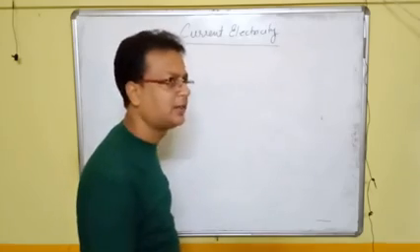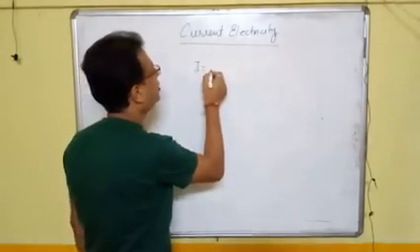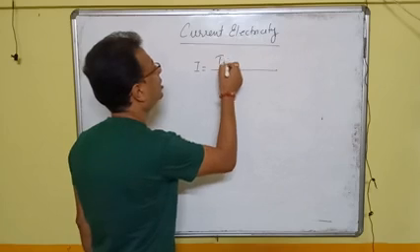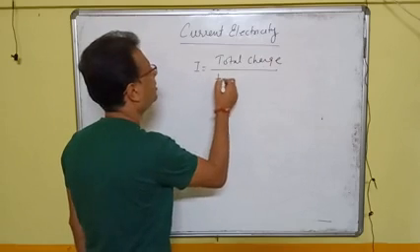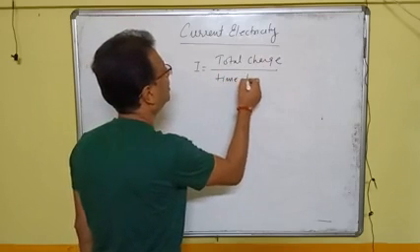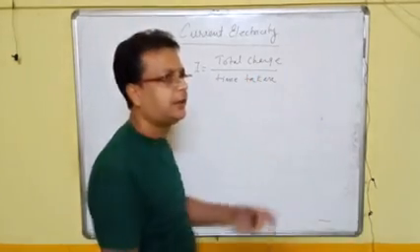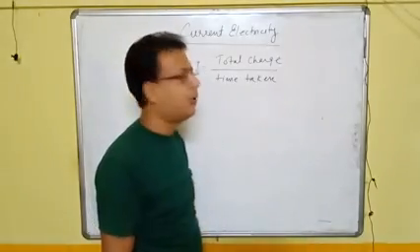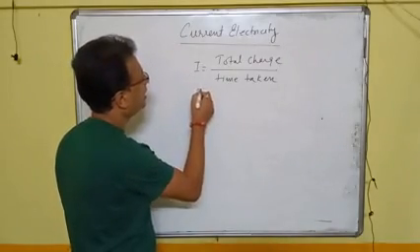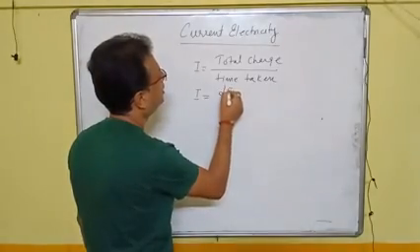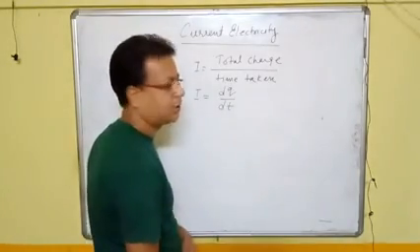We write it as current I is equal to total charge divided by the time taken. It requires to flow through a conductor. So we can write it as I equals dq by dt in terms of calculus notation.